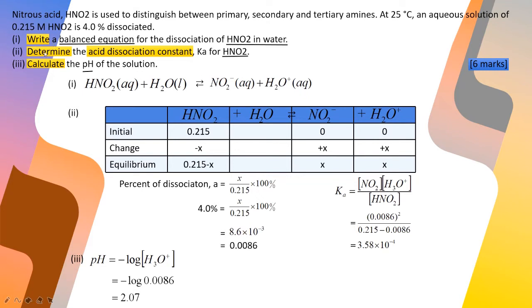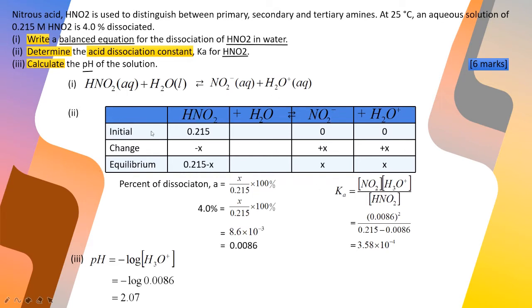Okay, the second question is: determine the acid dissociation constant Ka for HNO2. So the keywords for this question are determine acid dissociation constant, which is Ka, and HNO2. First of all we need to do an ICE table.